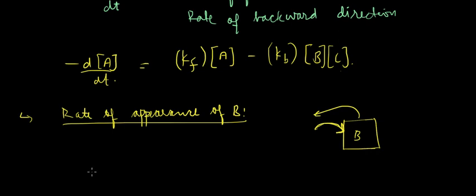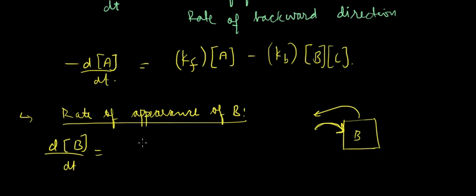Okay, so rate of appearance of B, which we can denote by d[B]/dt, where [B] is the concentration of B, should be equal to, again, rate of forward direction, which signifies that A is dissociated into products and B is one of the products. Hence, rate of appearance of B would be equal to rate of forward direction minus how much B is getting converted back into the reactants, which is A.